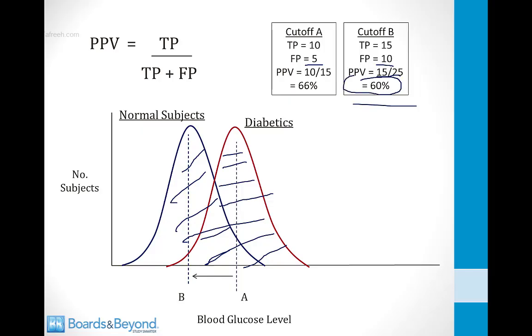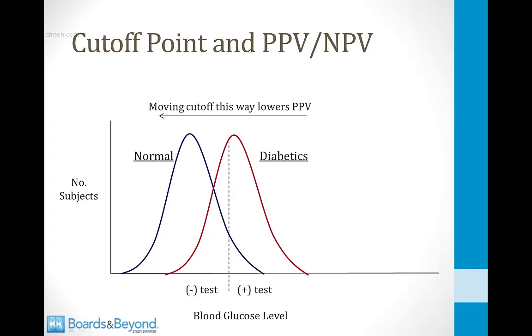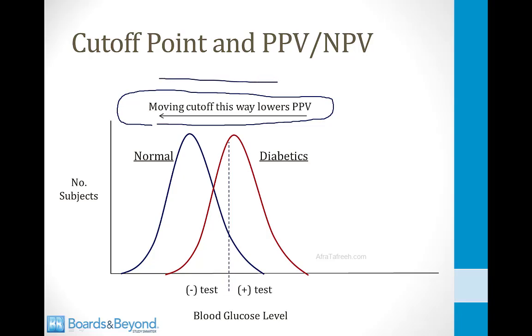So you can see that we have lowered the positive predictive value by moving the cutoff this way on the curve. Now, to be completely honest with you, all that math is kind of confusing. So if you want to make it simple for yourself, just remember that moving the cutoff this way lowers the positive predictive value. And then you can figure everything out from doing opposites of this. So if moving the cutoff this way lowers the positive predictive value, then moving it that way must raise the positive predictive value.